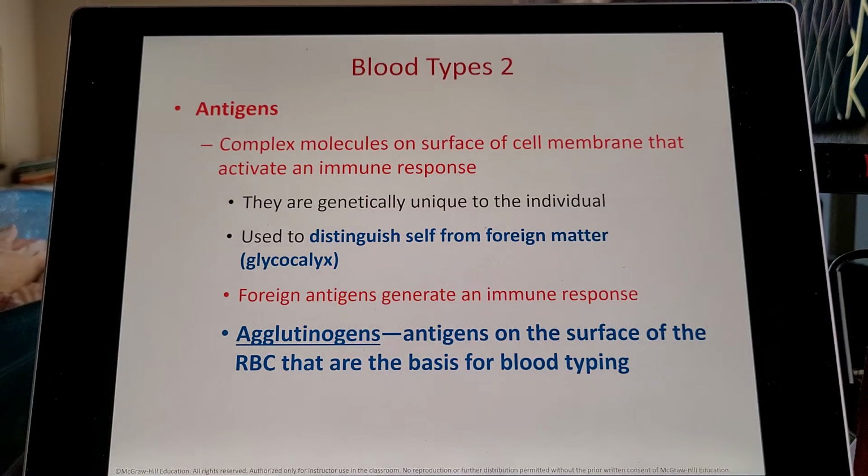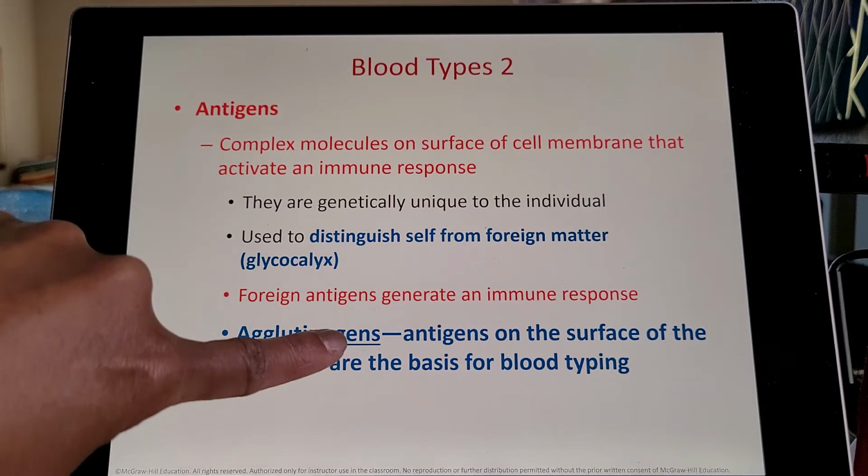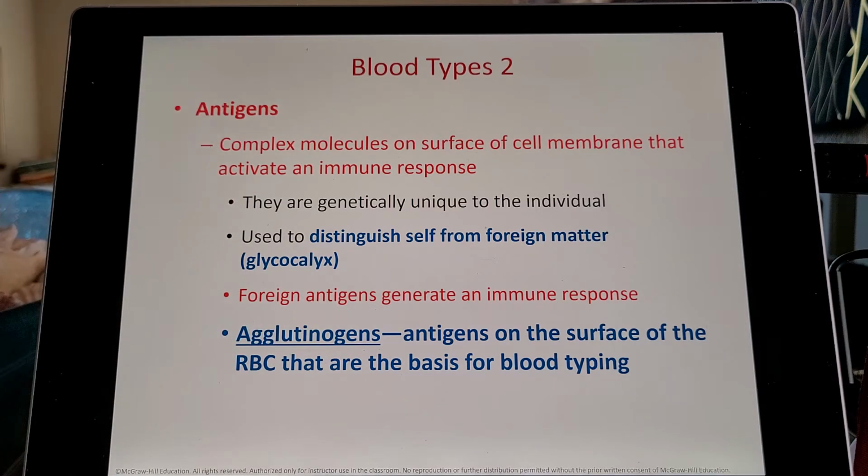Okay, so we get a foreign antigen, a foreign cell surface marker, generating an immune response. So the specific markers that are on a red blood cell that could elicit such an immune response is called an agglutinogen. So remembering the gen portion for our antigen. So these are cell surface markers specifically for a red blood cell.